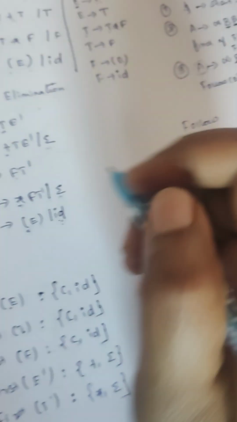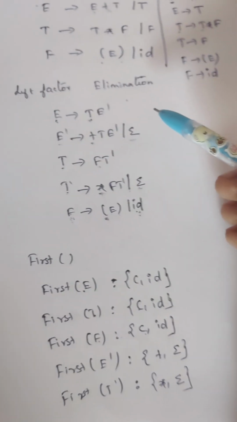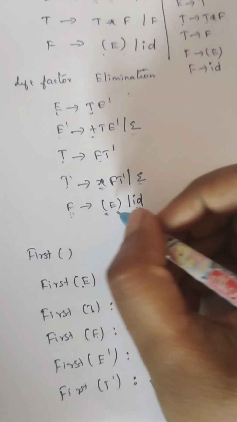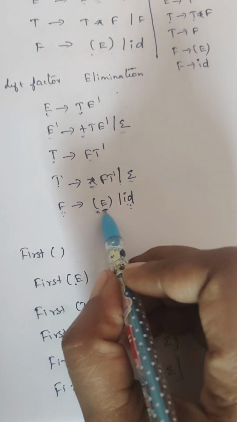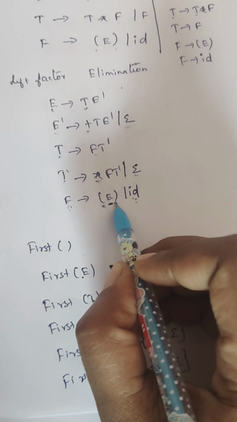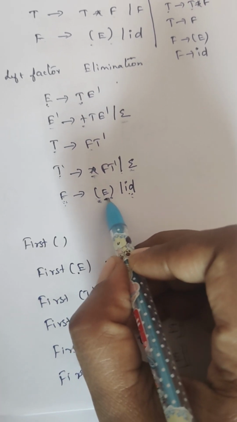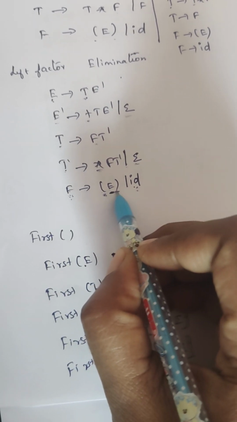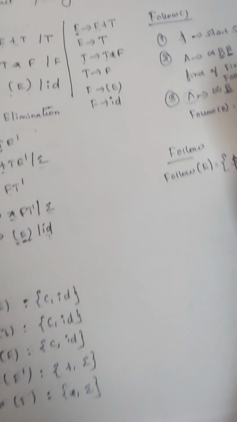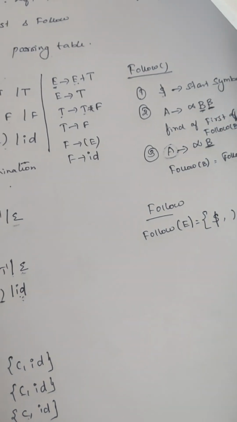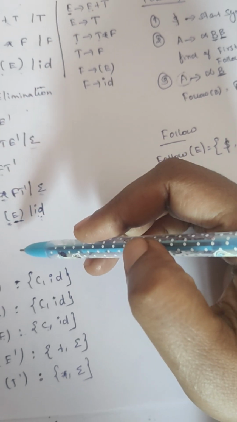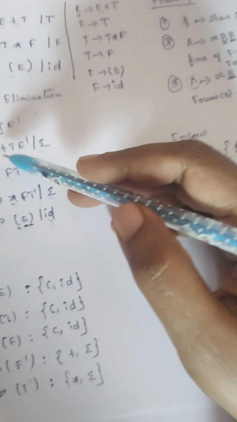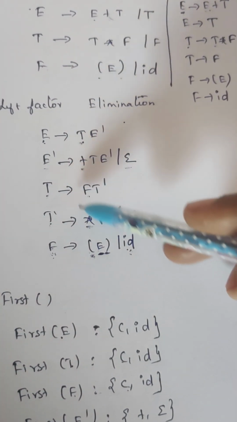Okay, so if you come to this production rule where we have E, we have E here only. FOLLOW of E means after E, what is the variable we have. In this case after E we have one terminal symbol, so we include the terminal symbol. We don't have E in any of our other expressions.